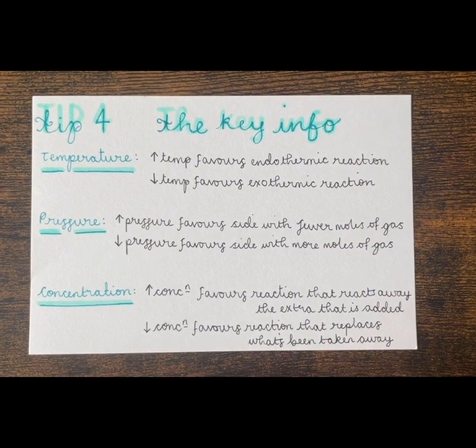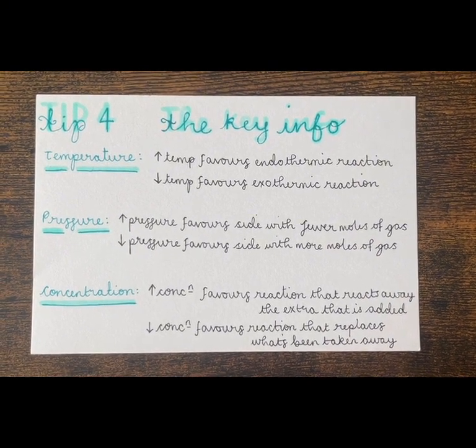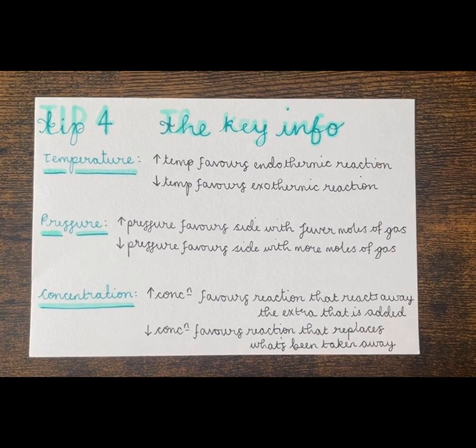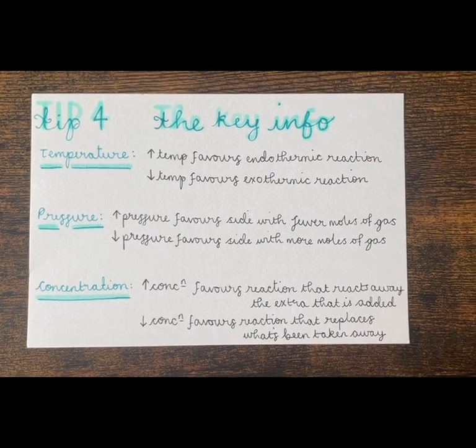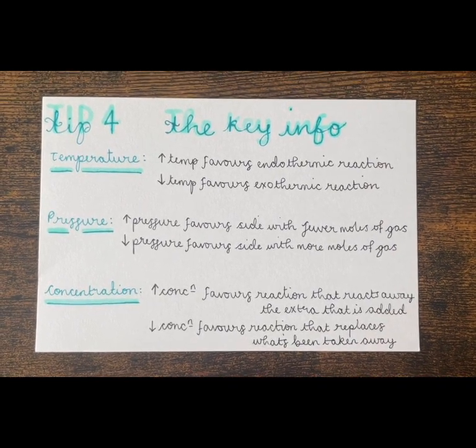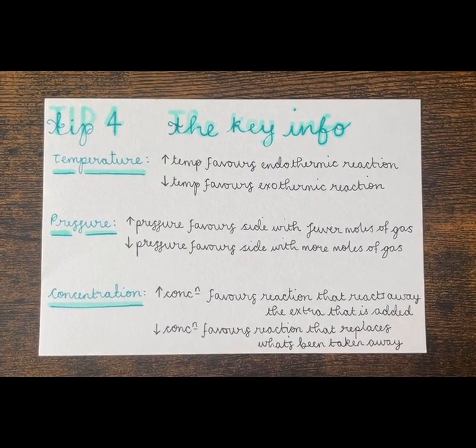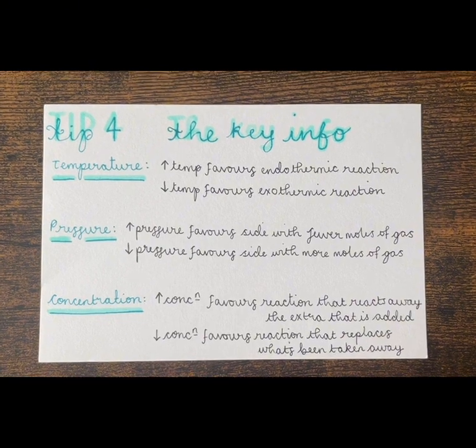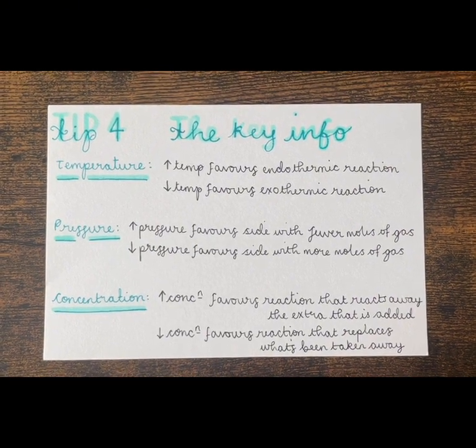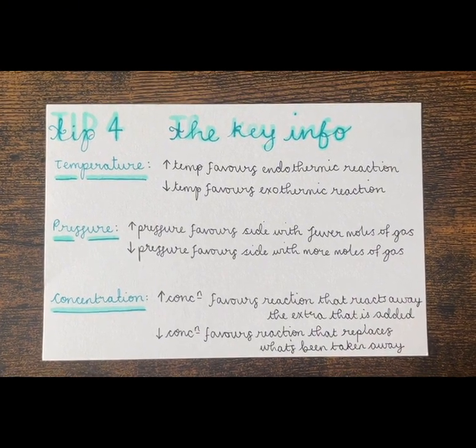And anytime I am decreasing the concentration, that will always favour the reaction that is going to replace what's being taken away. If you learn those 6 points, then any equilibrium question where it talks about changes in temperature, pressure and concentration, you should be able to work out which way the position of equilibrium is going to shift.